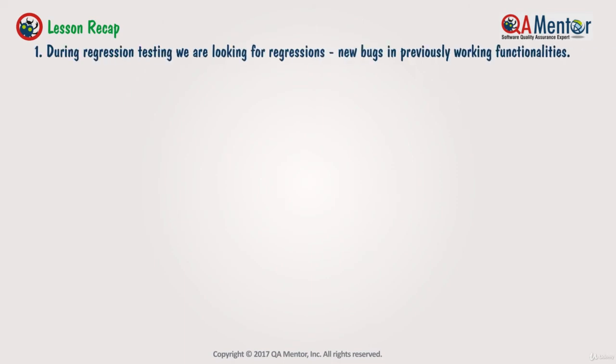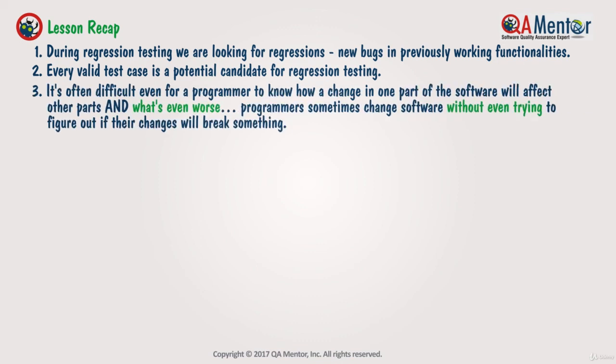Lesson recap. 1. During regression testing, we are looking for regressions, new bugs in previously working functionalities. 2. Every valid test case is a potential candidate for regression testing. 3. It's often difficult even for a programmer to know how a change in one part of the software will affect other parts, and what's even worse, the programmers sometimes change software without even trying to figure out if their changes will break something. 4.